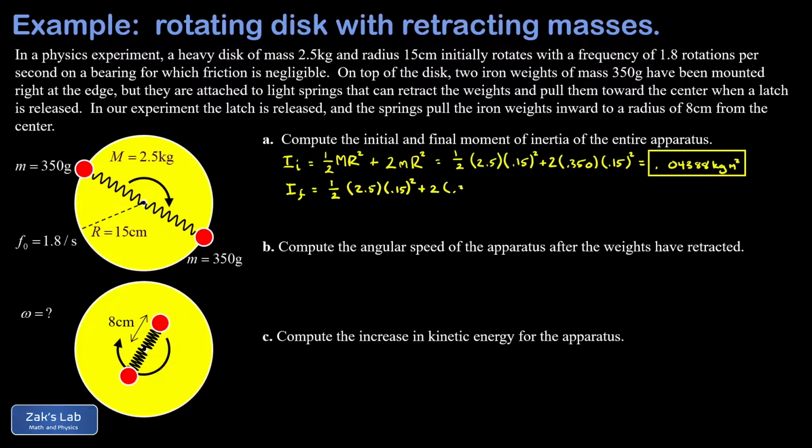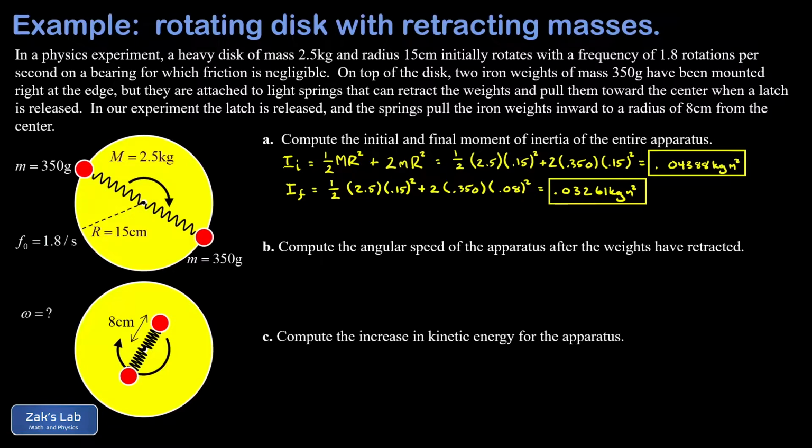They still have the same mass of 0.350, but now they have a radius of 0.08 or 8 centimeters. And again, going all the way out to 4 significant digits, I've got 0.03261 kilogram meters squared.